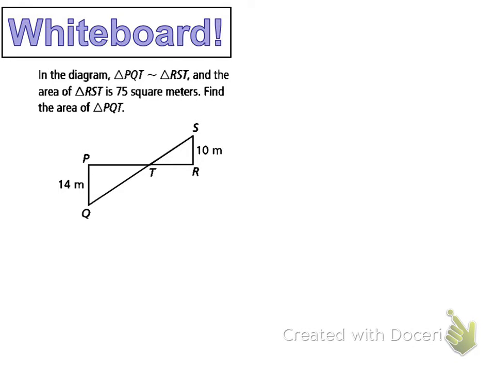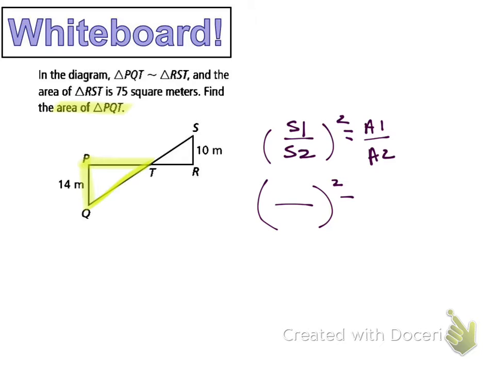Okay. So, the main reason I picked this one is because you're finding the area of PQT, which is this one. So you got to be careful when you pick side 1 over side 2 equals area 1 over area 2. Straight across, the main thing I was looking for is that straight across came from the same shape. So what side did most of you pick first? 10, which comes from SRT or RST.